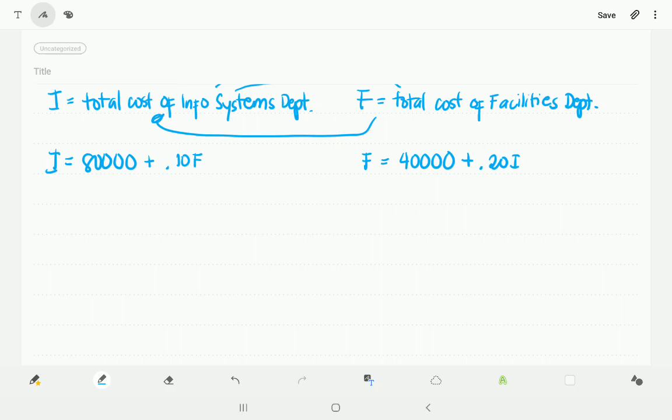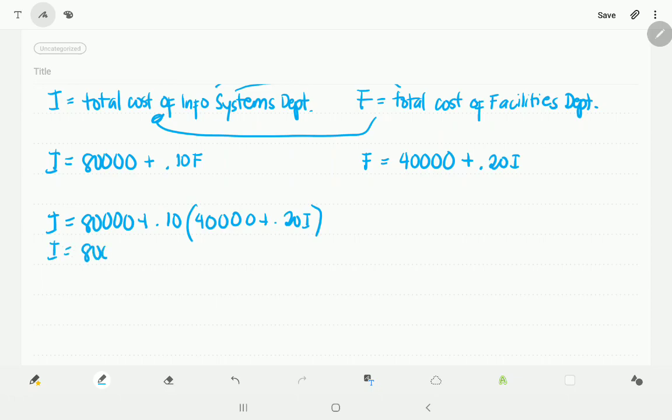Since we have already prepared the equation for the total cost of information systems and the total cost of the facilities department, we can now start with our substitution. I is equal to 80,000 plus 0.1 of 40,000 plus 0.2I. Let us simplify.